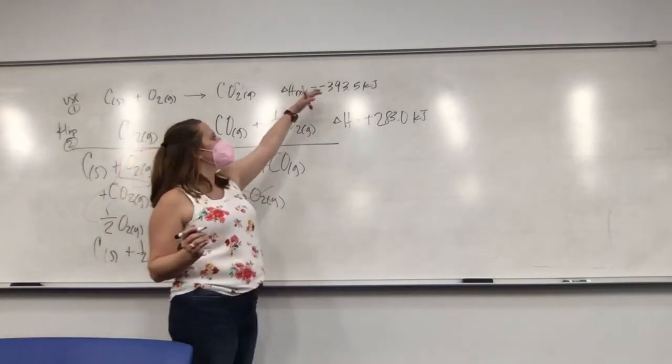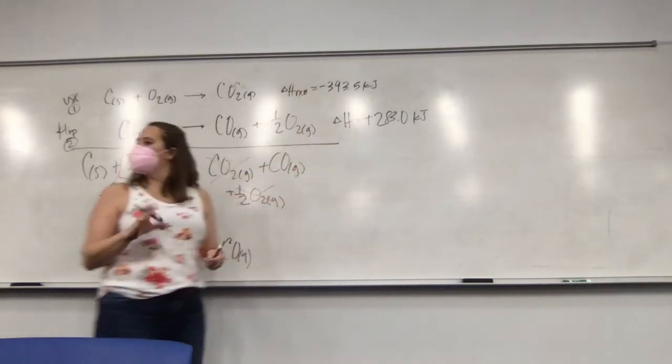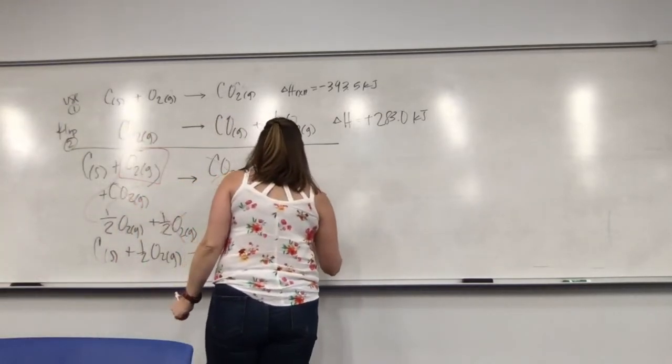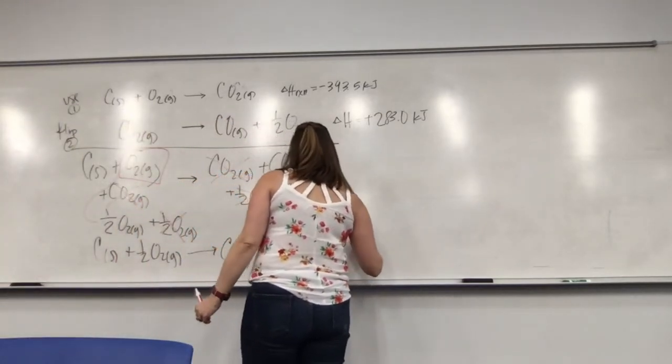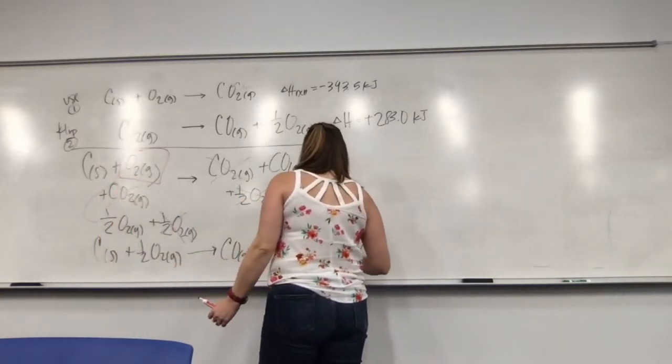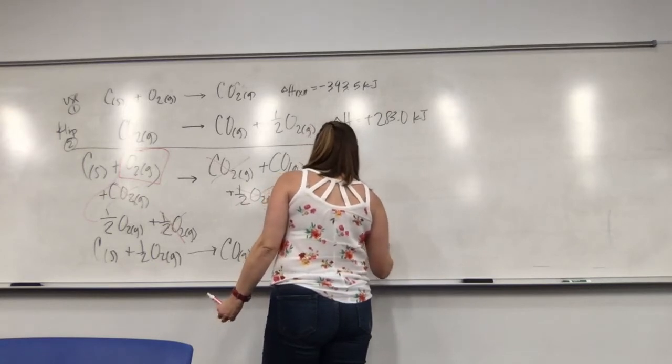So our delta H is going to be the sum of these two values, and that is negative 110.5 kilojoules.